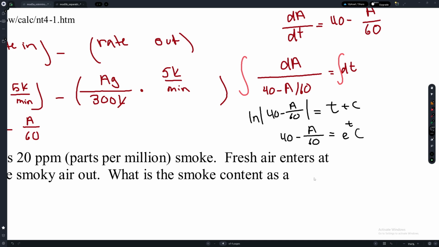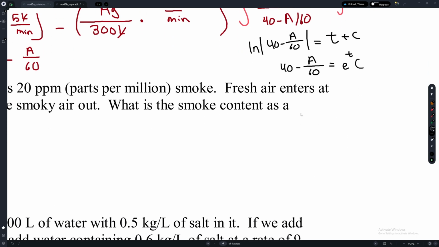So I'll continue down here. What do we have here? I'll take 40 to the other side, so that's c e to the t minus 40 equals negative A over 60. I'll take 60 to the other side, so now we have c e to the t minus 40, multiplied by 60.